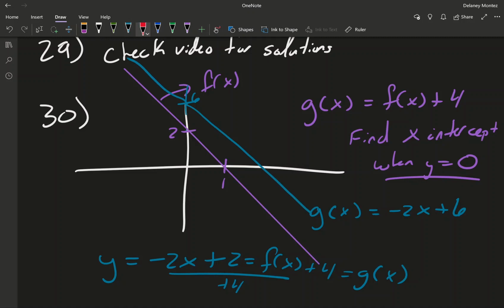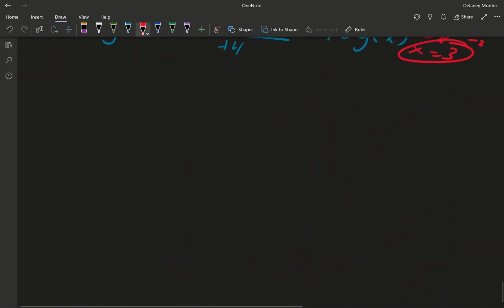We're looking for the x-intercept, or this part. So you can just set it to 0: -2x plus 6 equals 0. Solving, -2x equals -6, so x equals 3. And that makes sense. It's bigger than 1 and on the right side of the y-axis, so x equals 3 is a consistent value for the x-intercept.